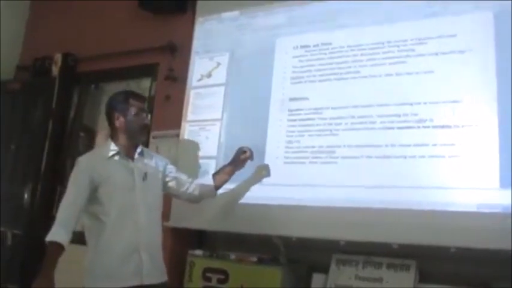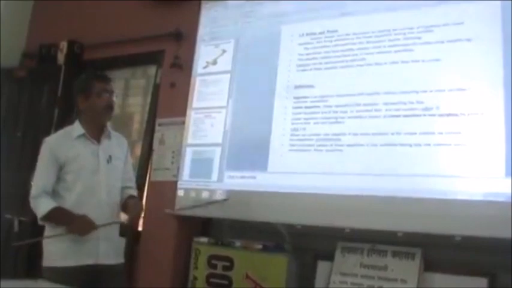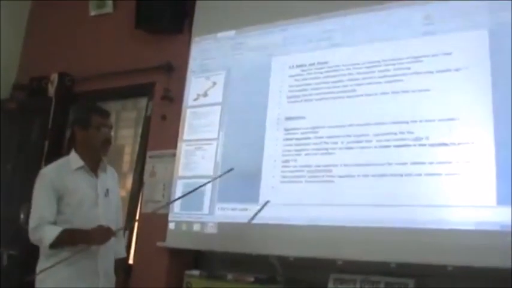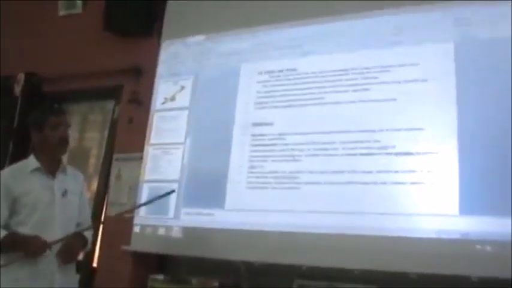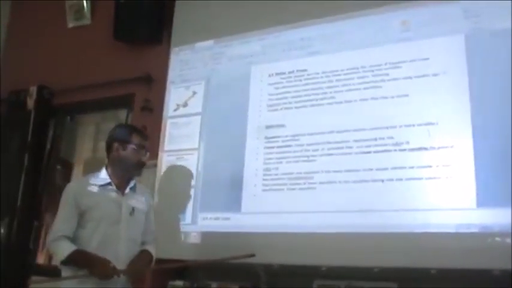When one variable is there, that equation is called a linear equation in one variable, of the type ax plus b is equal to 0. And if there are two variables x and y, it is of the form ax plus by plus c is equal to 0. This is called an equation in two variables.